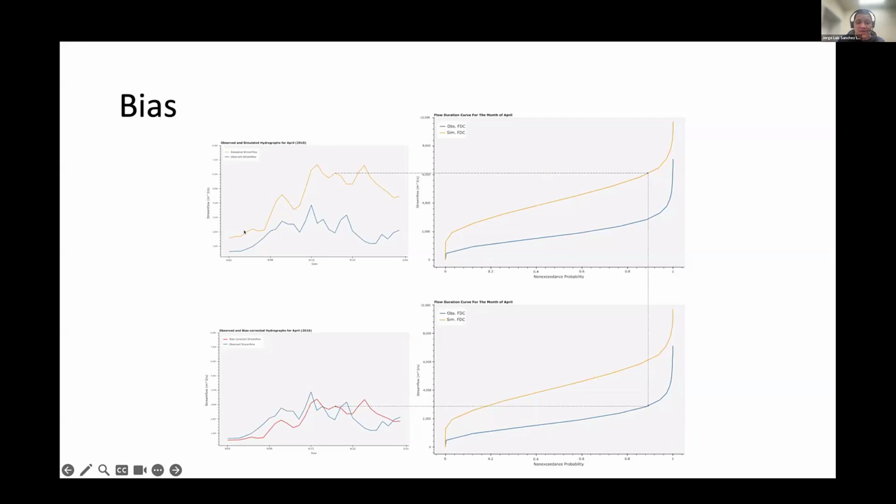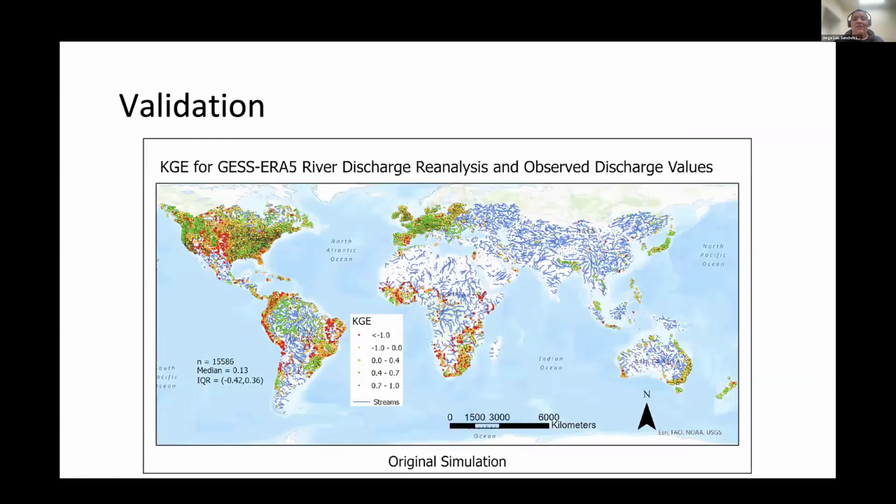In that way, we change our original simulation from this orange line to this red one, that, if you notice, has exactly the same shape, but now it's in the same order of magnitude as our observed data. By doing that to the whole simulated time series in the whole network of stations, we can see the big improvement that we are having in our model results.